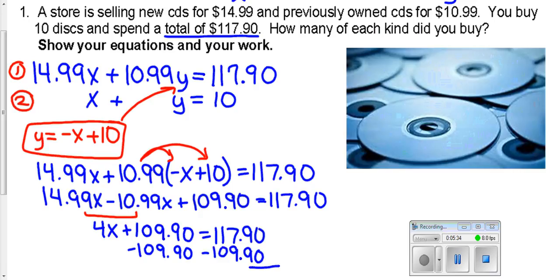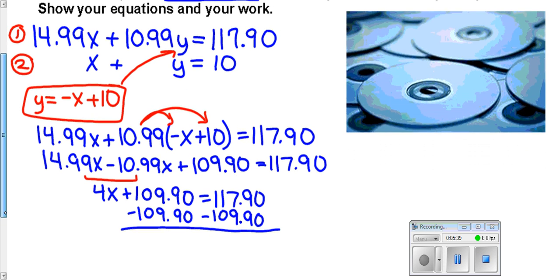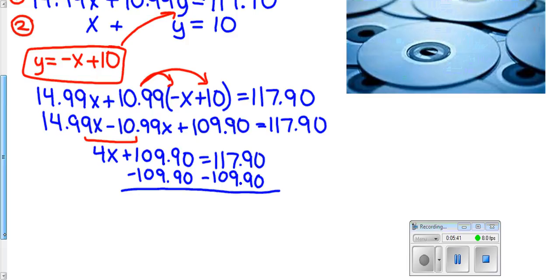Let's go ahead and subtract that, and bring down what's left. So now I bring down this 4x, and it just so happens that the 109.90 cancels out. When I subtract, $117.90 minus $109.90, I get 8. So when I solve for x, I get 2.